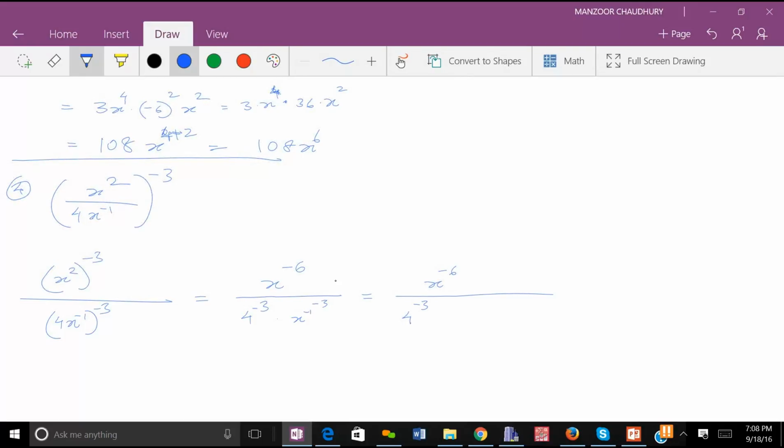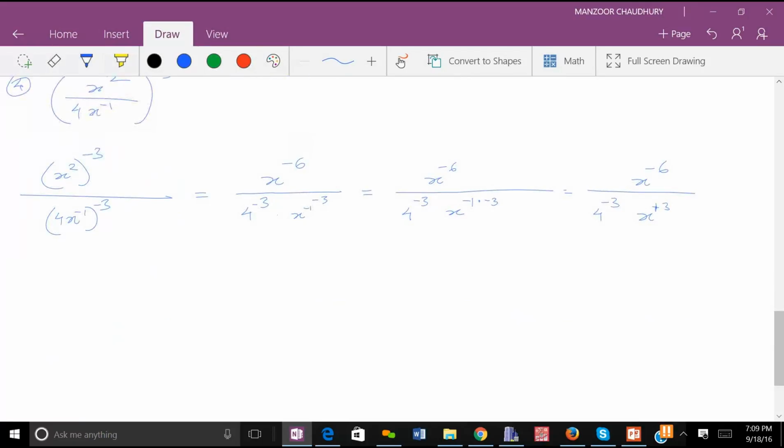Okay, now what happens to the x to the negative 1 to the negative 3? You multiply these, right? Negative 1 times negative 3. So what do you end up with? X to the negative 6, 4 to the negative 3, x to the positive 3, right? Yeah. Any confusion? No. Now, which one needs to go back to the United States?